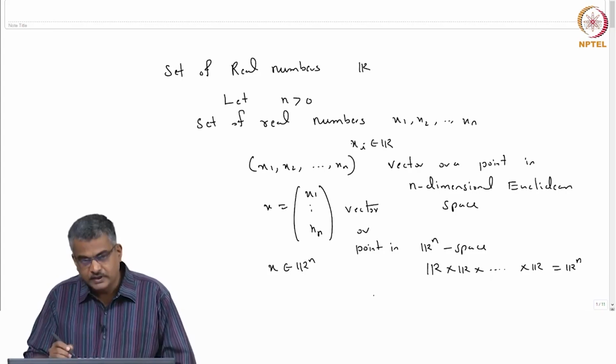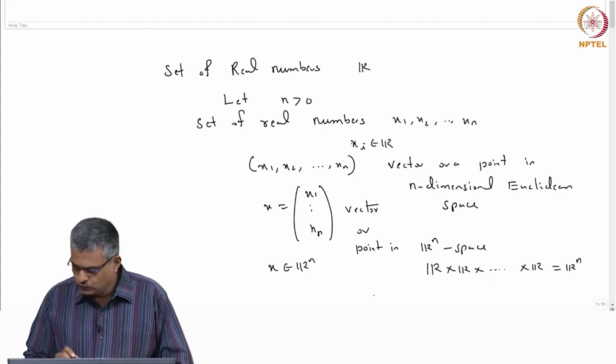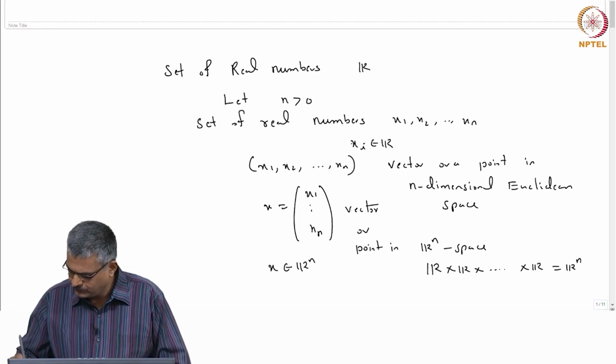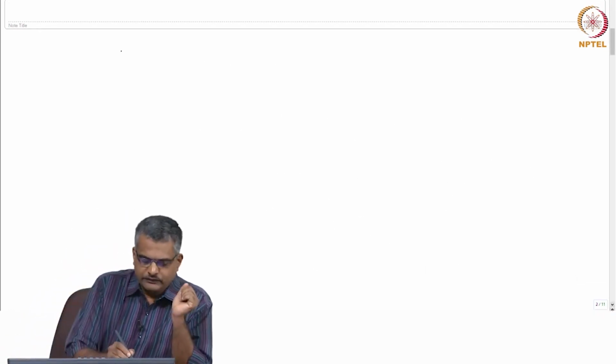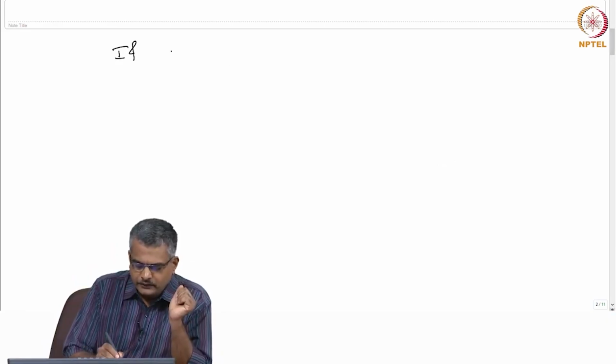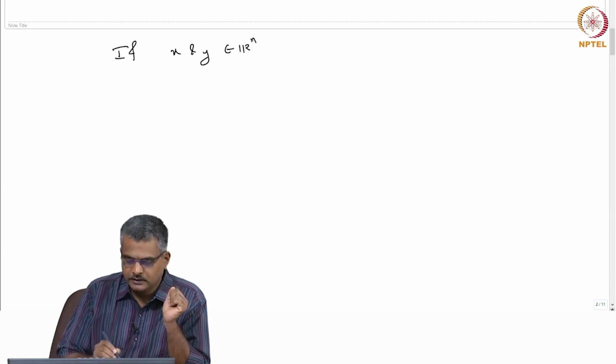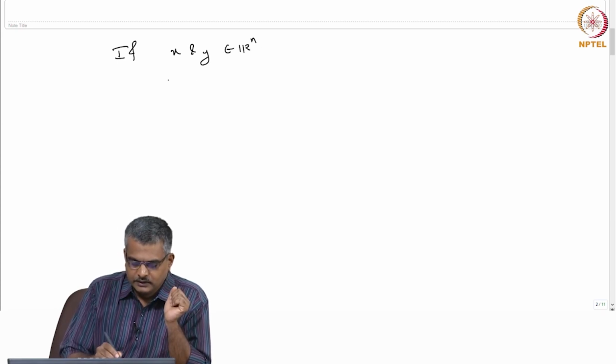Now once we have this vector, we can do some operations on it. If x and y are vectors in Rn, then we can add these vectors.